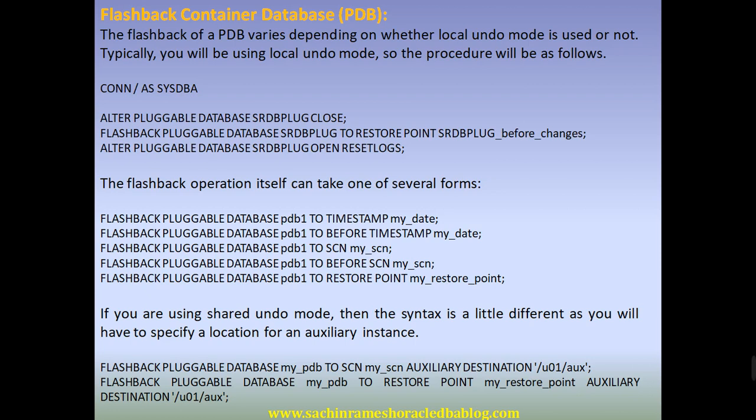We need to mention the auxiliary destination, for example /u01, where the PDB will be restored, if your database is running in shared undo mode. If it is local undo mode, there is nothing to worry about, we can go ahead with the previous option: flashback pluggable database SRDB to restore point, the restore point name. The concern is, if it is running in shared undo mode, we have to do it this way.